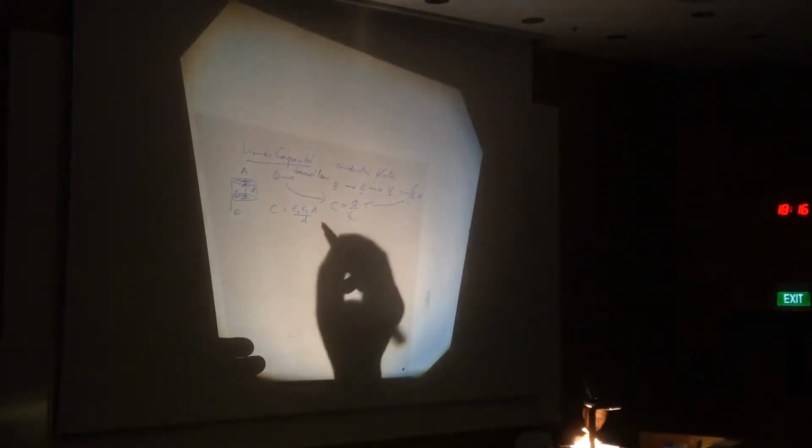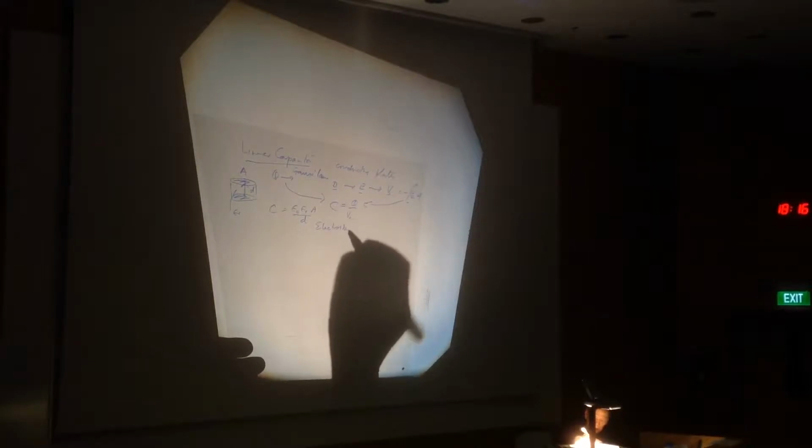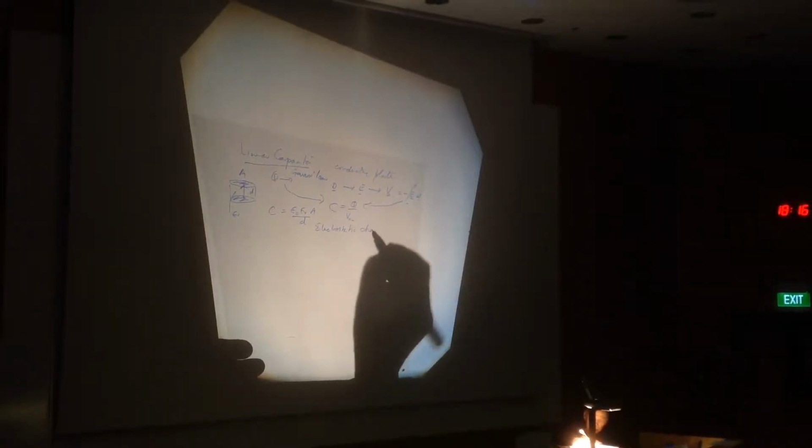So today we are looking at electrostatics, where the charges do not move. But on the plate, if you apply some voltages, these charges can move on the plate.